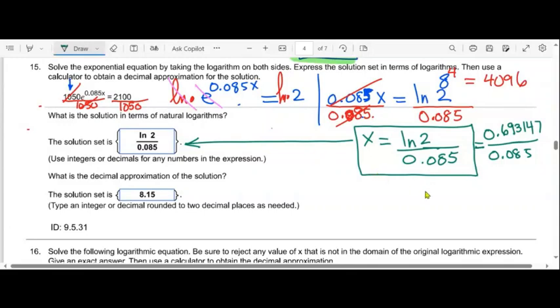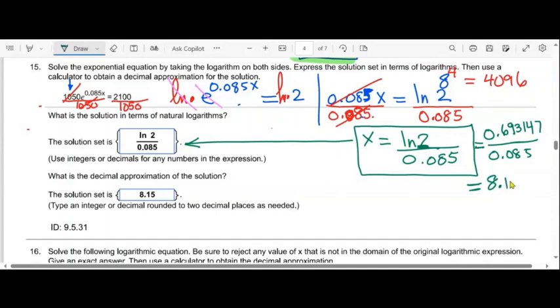I'm trying to do ln square, but it doesn't work. It's not ln square, it's ln 2. Oh, ln 2. Okay. ln 2 over 0.085. That will give us 0.693147. And then you divide it by what? 0.085. Please do it in the calculator correctly.